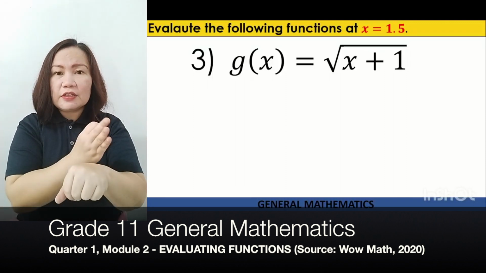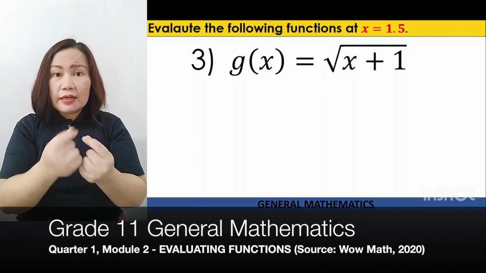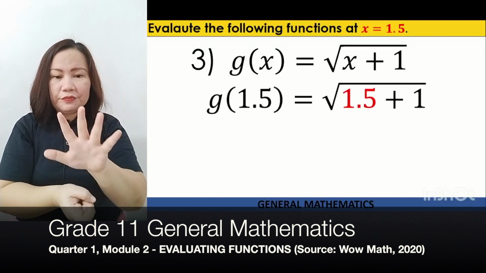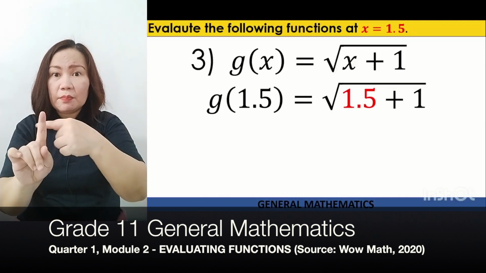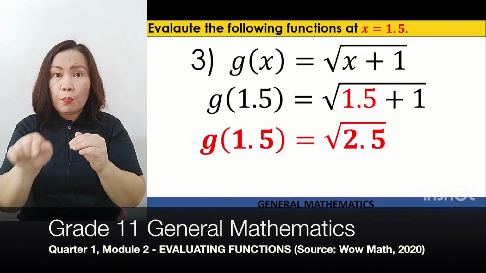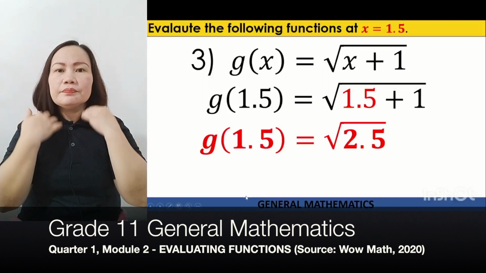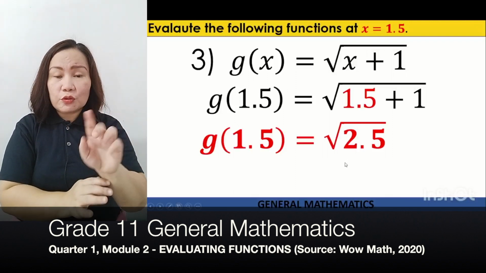Evaluate the function. Unang gagawin, papalitan natin yung x ng 1.5. Then, perform the operation. 1.5 plus 1, that is the square root of 2.5. Kahit yan na yung sagot natin, square root of 2.5.